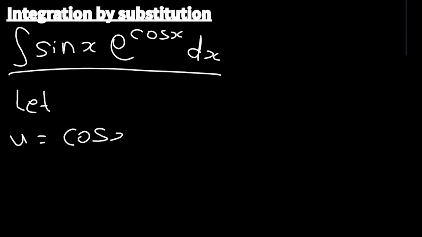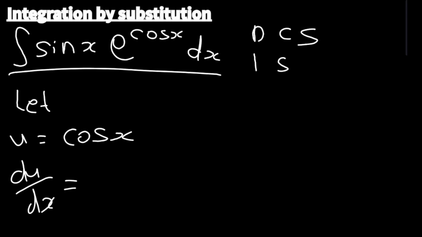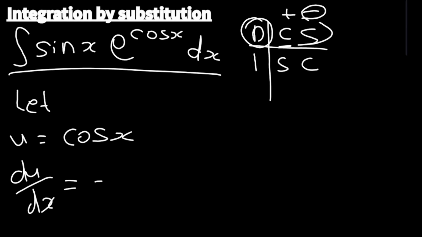Anyway, let us go on. From our earlier mnemonic, don't count stars, instead start climbing. Positive, negative. So the derivative of cos is negative sine. Okay, negative sine x.